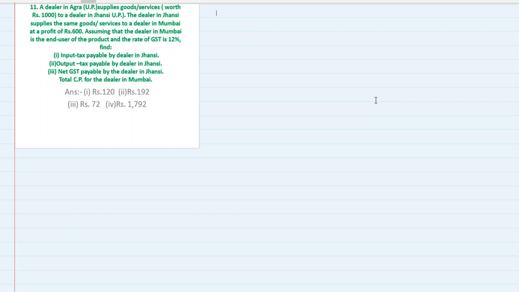Okay, it's very easy. So the first dealer A is in Agra, UP. The second dealer B is in Jhansi, also in UP. Now you must be thinking that if there is no mention of IGST, CGST, SGST, then why are we writing the states?